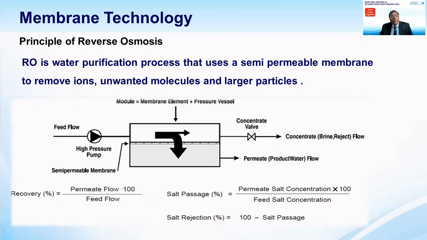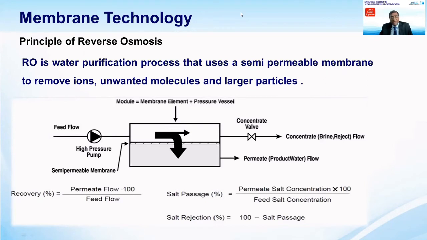The other term is the salt passage. Normally, the membrane manufacturers claim that their single membrane is tested on sodium chloride solution, and it has a 99.7 and above salt rejection percentage from the single membrane. But when we put it in the system, the rejection goes down, depending upon the path length of the membranes, how many membranes are installed in the series, you can have 1 or 2% salt passage.